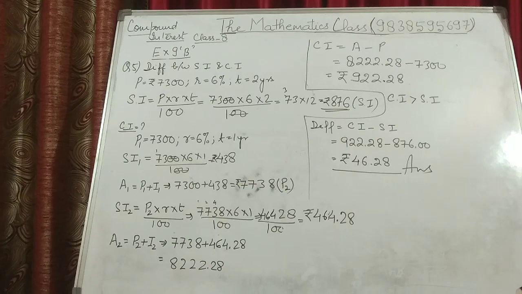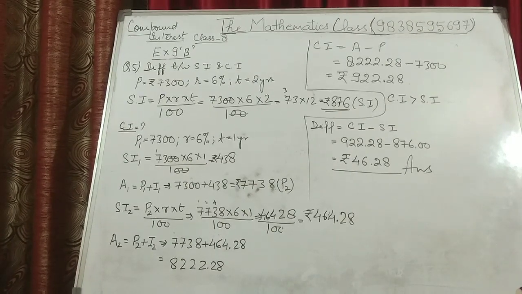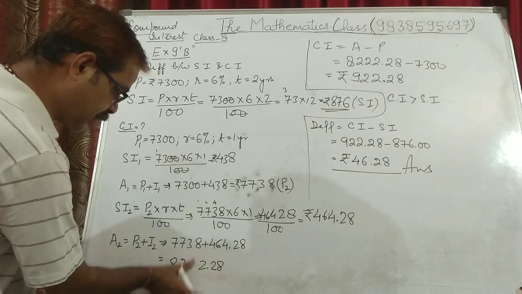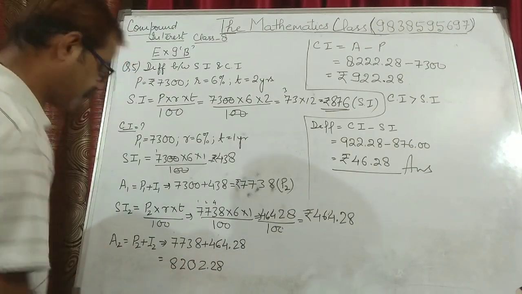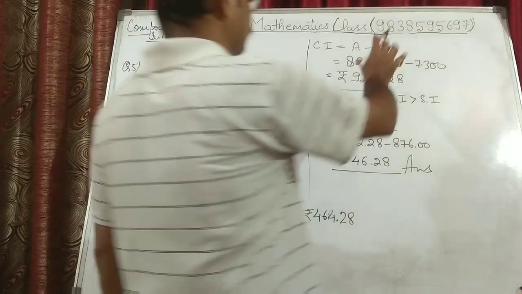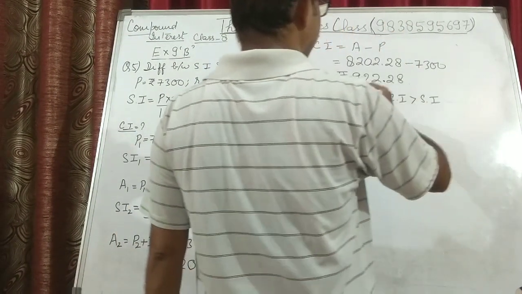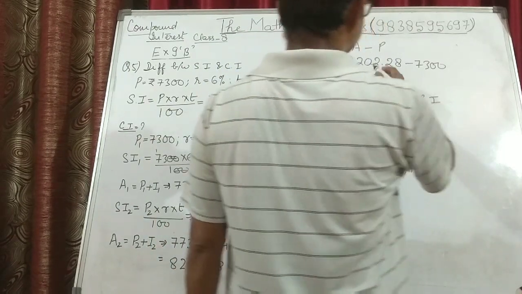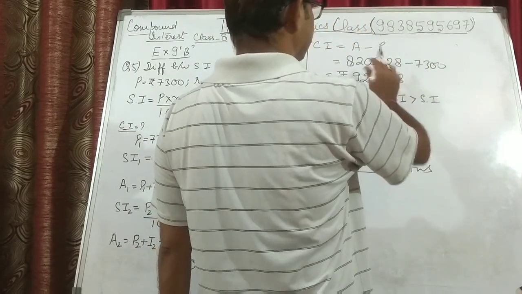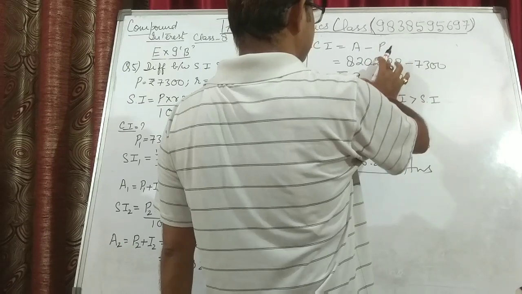So when you add 464 and 7738, it will be 8202. It means here it will be 02 minus 7300. So 2 minus 0 is 0 and 0 minus 0 is 0.